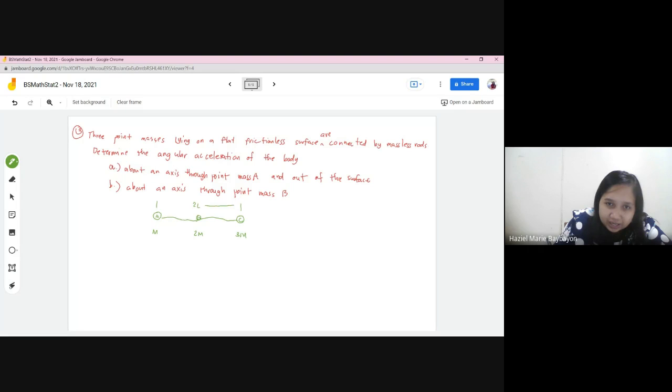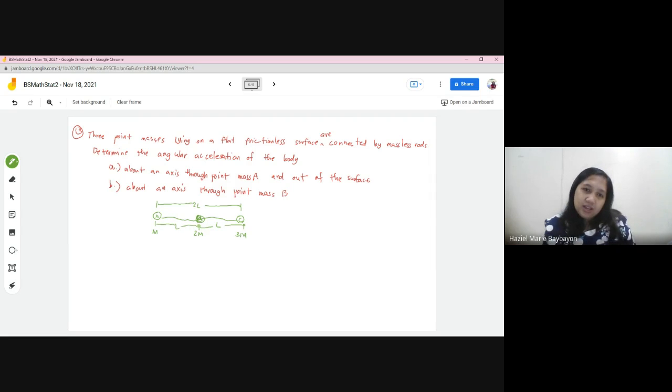So this is the length between point mass A and point mass C. And then your point mass B is in the center of the two, meaning the distance between B and C is L, and the distance between A and B is also L.